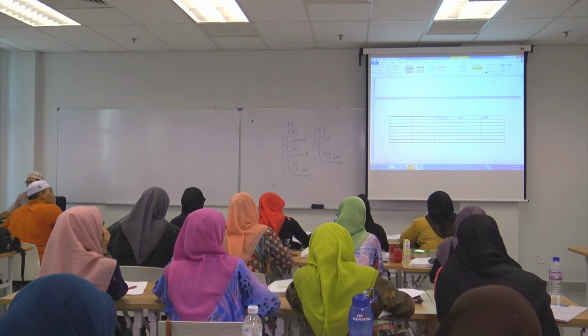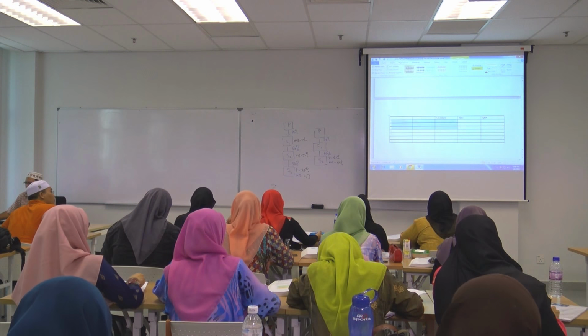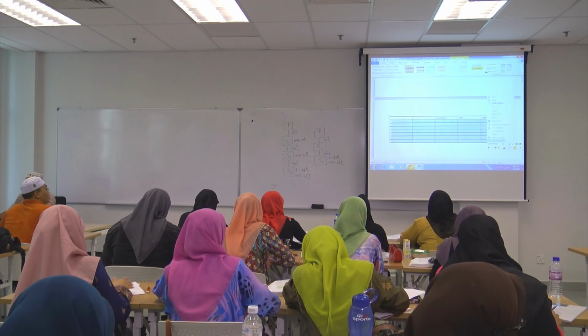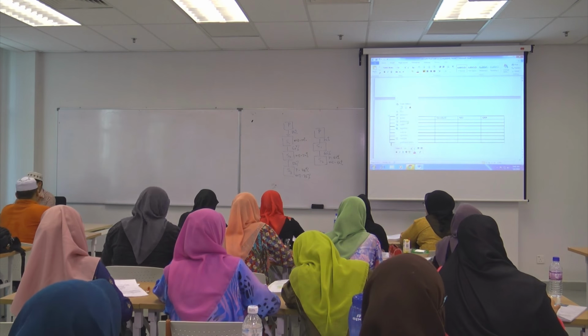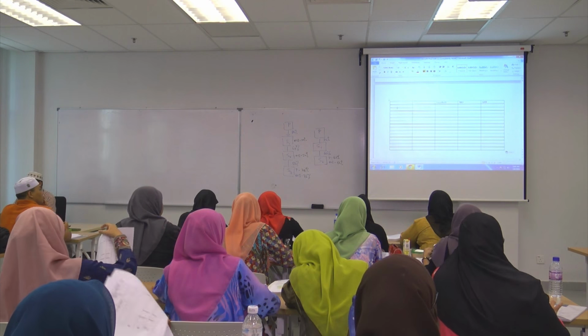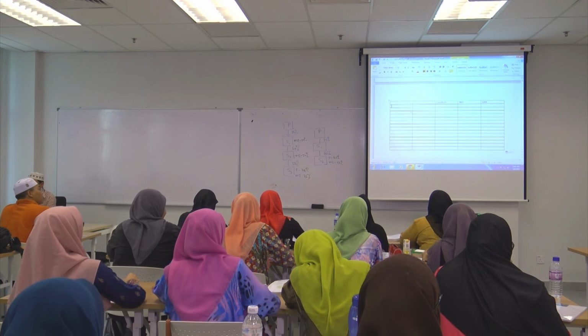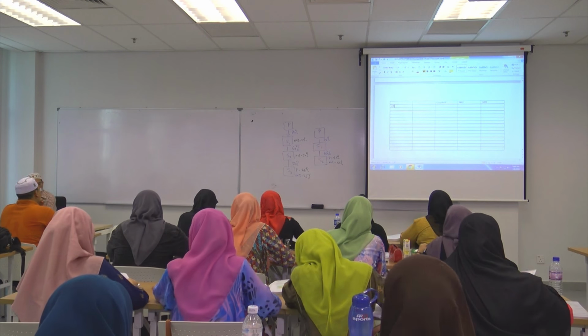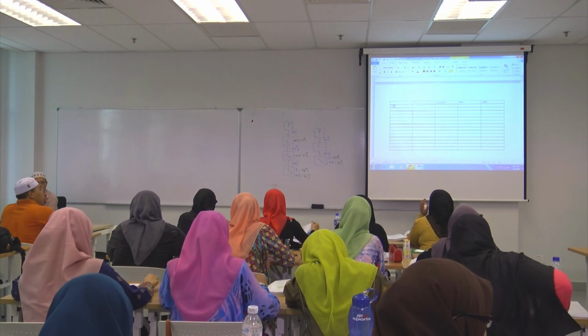So how do you find goodwill? What is the first line? Consideration transferred, isn't it? Or you put it CT, because this is a schedule form, so you can use short form.